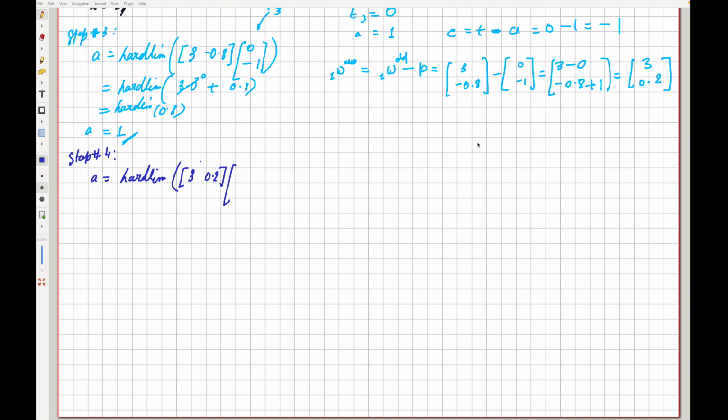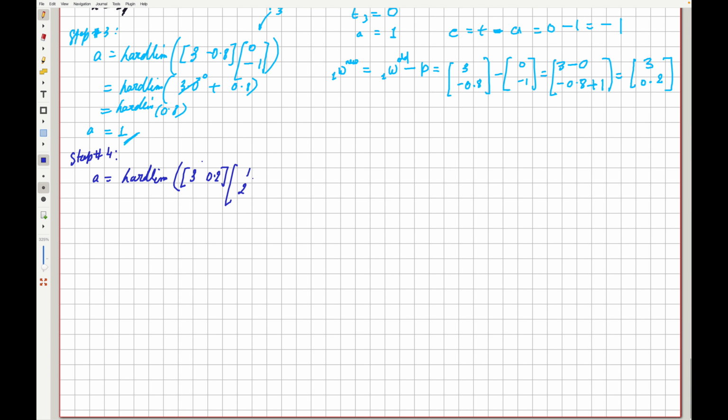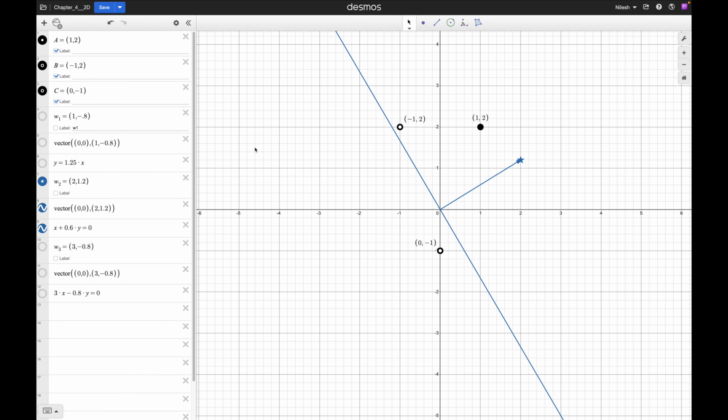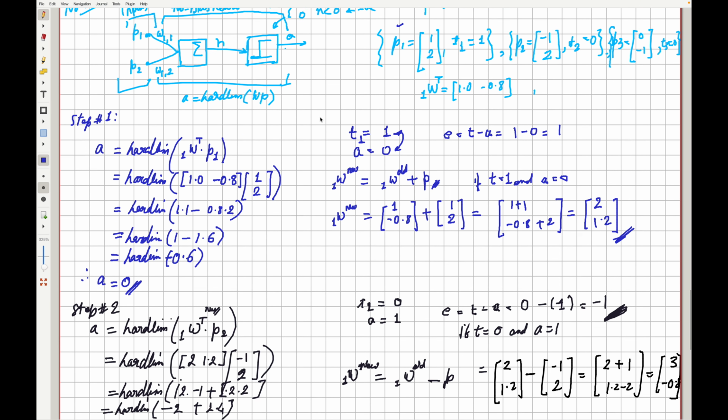Let's use the value of 1, 2, and what we get then in the output is hardlim of 3 times 1 is 3 plus 0.2 times 2 is 0.4, and this is positive, so we get hardlim of 3.4, and that's good because now this time we get a value of A which is 1 for this data point which is 1, 2, and if we scroll back up, look at that.